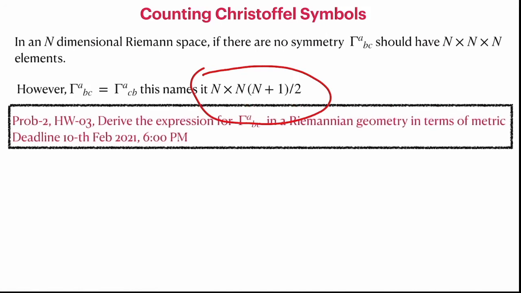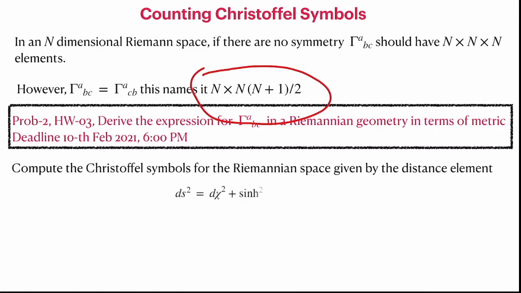Now there is another homework, which is homework 3, problem number 2. Derive the expression for gamma ABC for a Riemannian geometry. The metric is given as d chi square plus hyperbolic sine square chi d phi square. Here x1 is chi and the sine theta in the sphere has been replaced by hyperbolic sine chi.